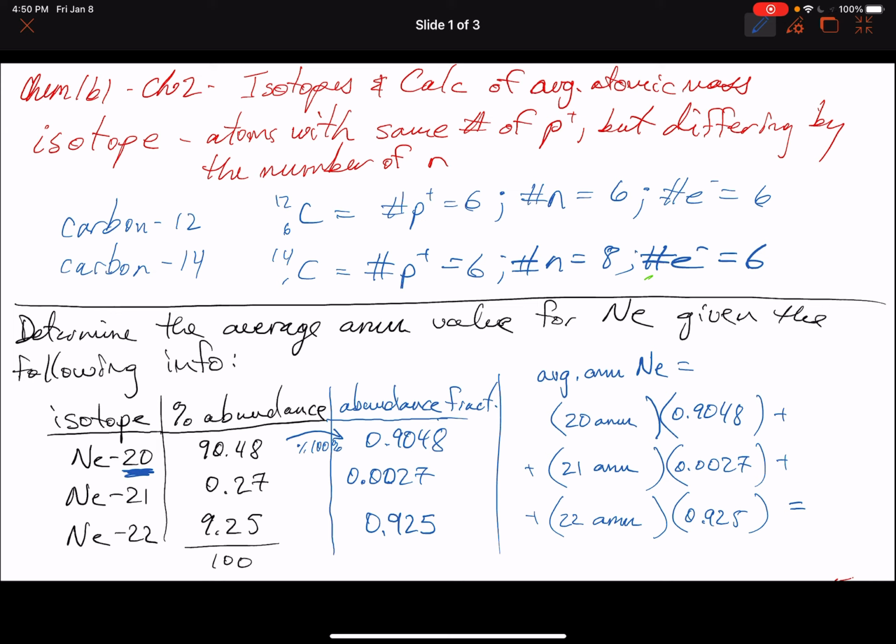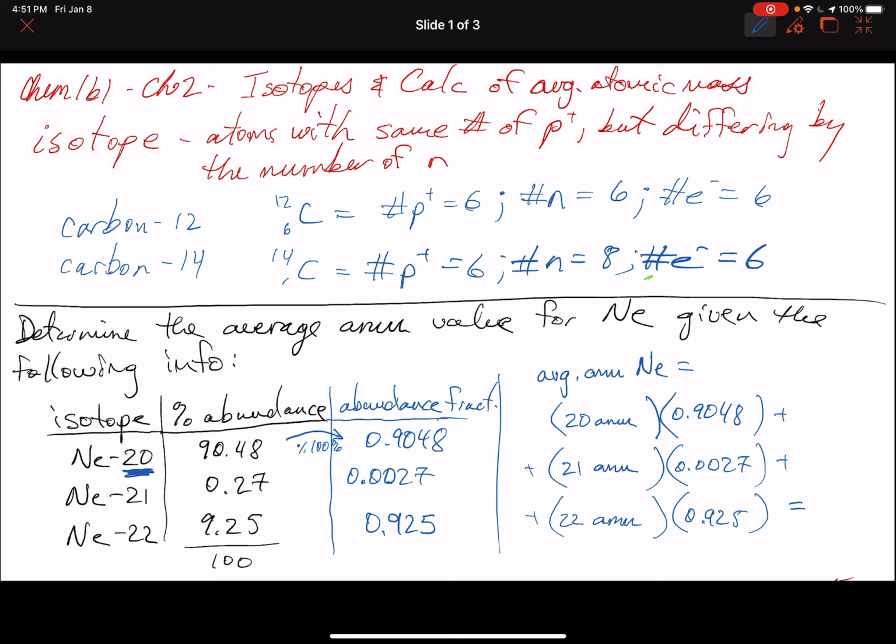Okay, so working with those numbers in our equation, we could now move to our calculator and do the calculation. And so we would have 20 times 0.9048 for the first value. That's about 18.096 plus the next one, which would be 21 times 0.0027.